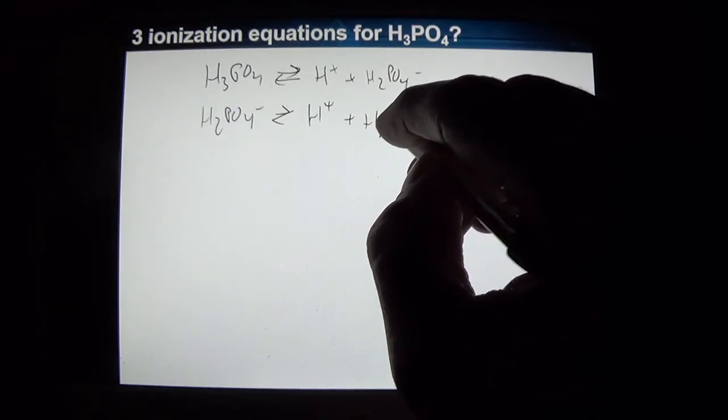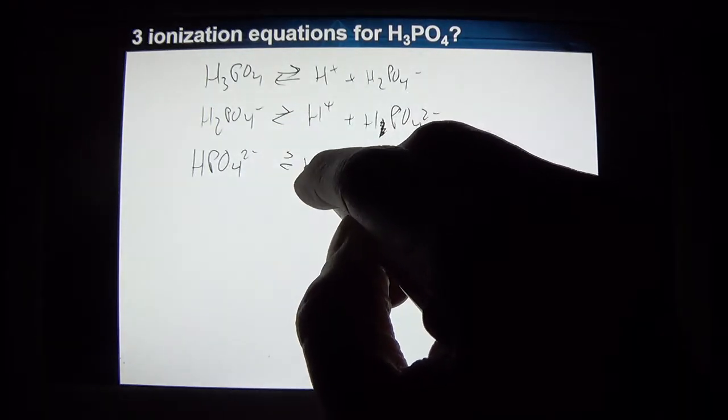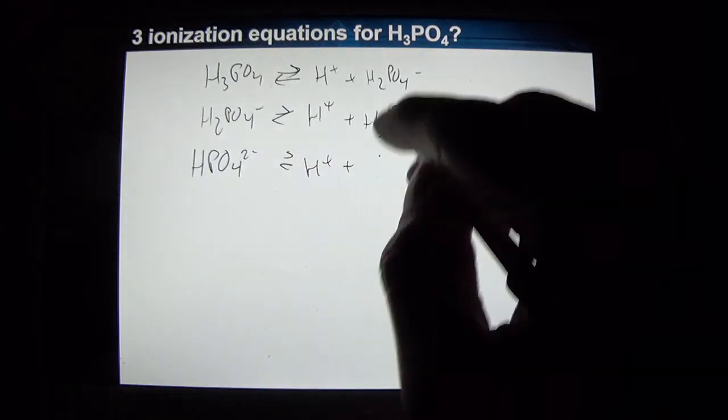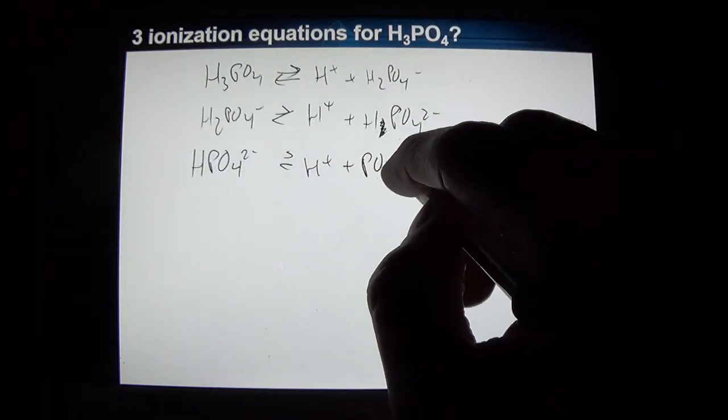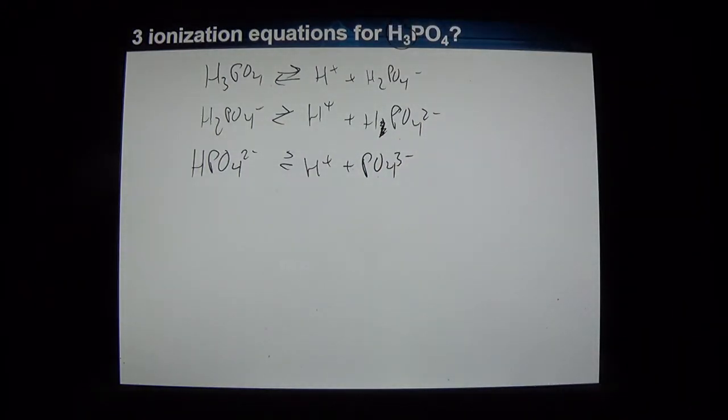Just HPO4 2 minus, and I start with the leftovers of the second one, and I get the third one. So we would expect H3PO4 to be a triprotic acid.